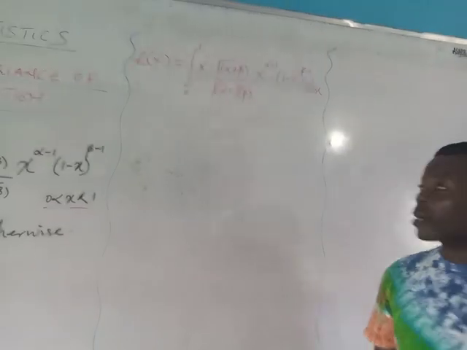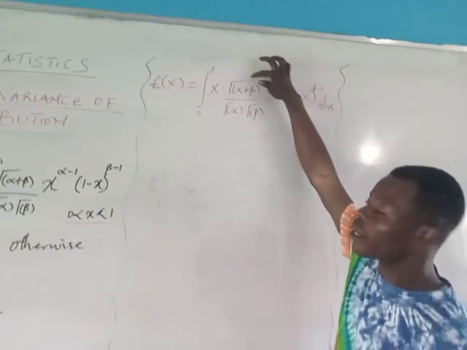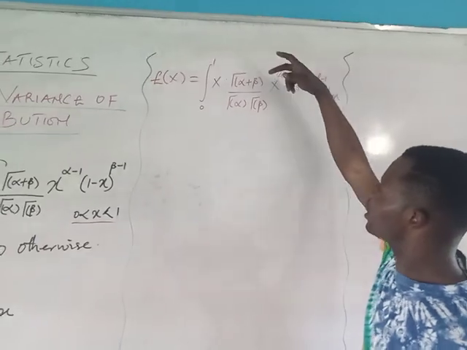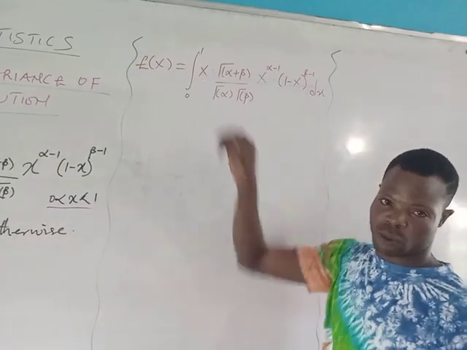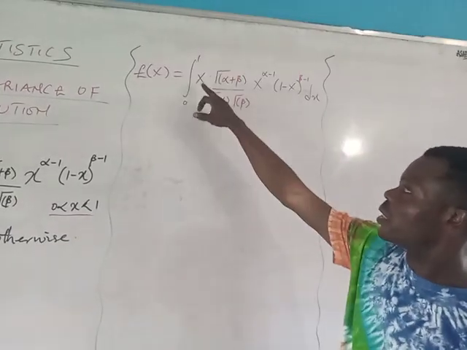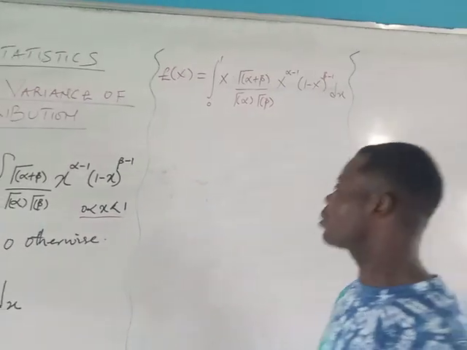So what you want to do now is take out the constant terms. That is, these parameters are the constant terms while x is the variable. We need to find the integral of the variable.